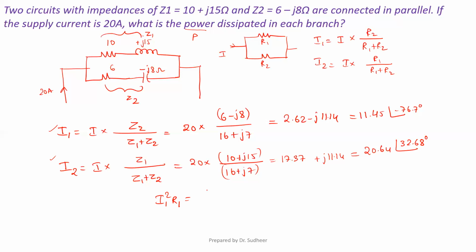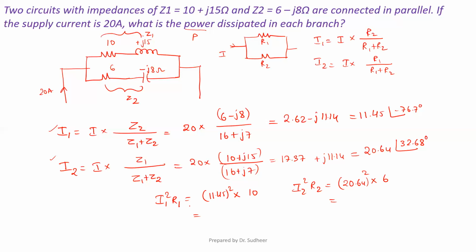So that is 11.45 whole square into 10. In the same way, power dissipated in the second branch is I2 square R2. That is 20.64 whole square into the resistance, which is 6.